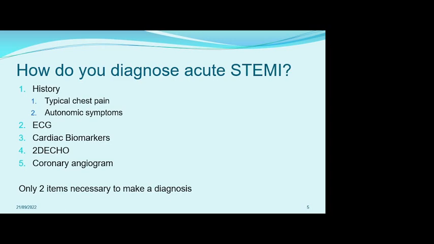Then we have the ECG, cardiac biomarkers, 2D echocardiogram, and finally coronary angiogram to diagnose ST elevation MI. I will go through briefly one by one because you only need two components to confirm the diagnosis. So if the patient comes with a typical chest pain and ECG is diagnostic, further diagnostic tests are not necessary.